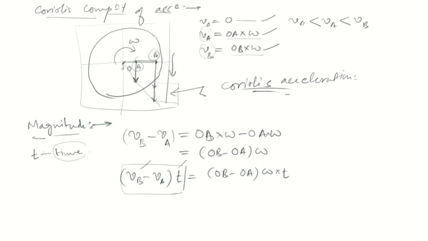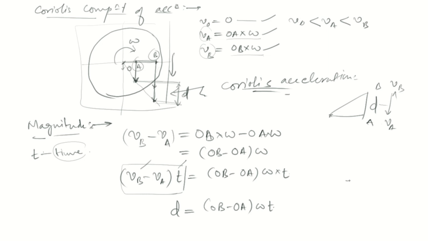So the object has traveled a distance d while going from point A to point B. We can directly write that d is equal to (OB minus OA) into omega into t. This is the point A, this is the point B, here you have velocity of A, here velocity of B, and this is the distance covered, d.